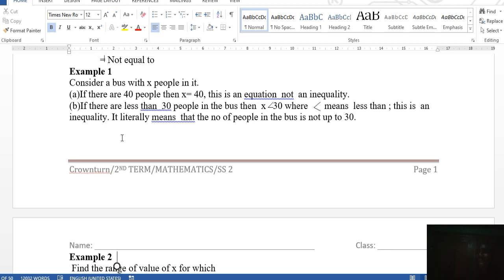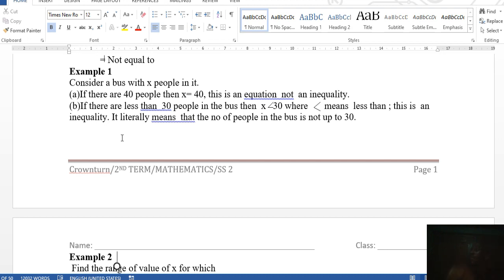So when I say there are X people inside the bus, then the student counted 40, a whole number. That means X is equal to what? X equals 40. So we have a definite value for X. There are X people inside the bus, but we've already counted. There are 40 people inside.